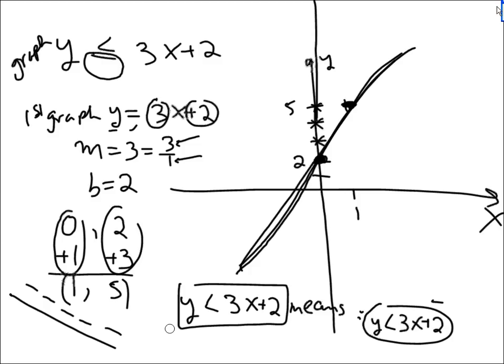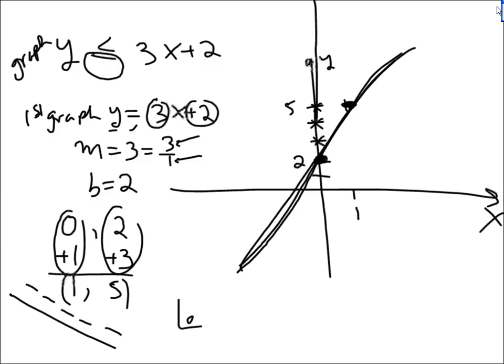If it says equal in the inequality, remember the 4 symbols I just wrote, some of them say equal. If you have less than or equal to, or greater than or equal to, it should be a solid line. If it's just less than or greater than, you should draw a dashed line.